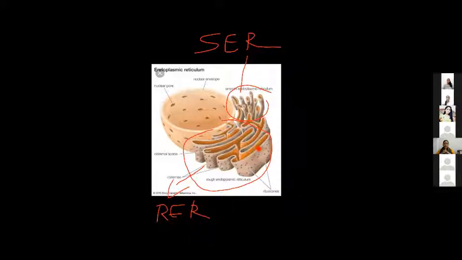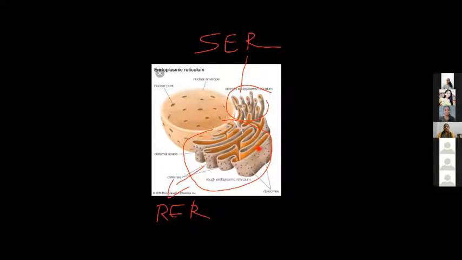On these cisternae, these sac-like structures, there are ribosomes present, which are also a type of organelle, and it is a factory of protein. Because of the ribosomes' occurrence, it is known as rough endoplasmic reticulum.